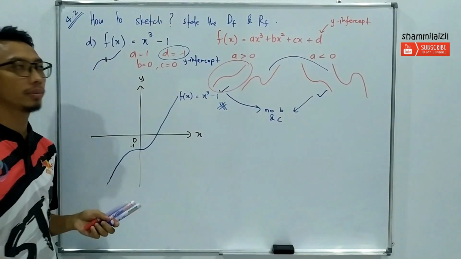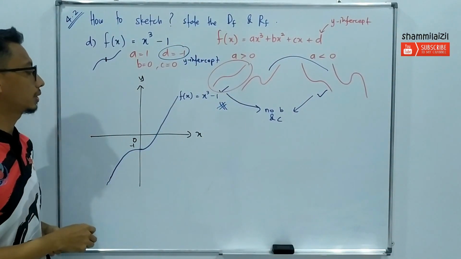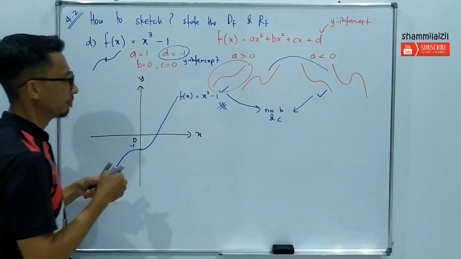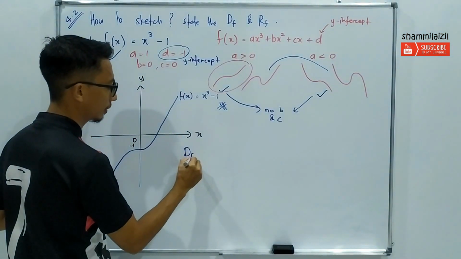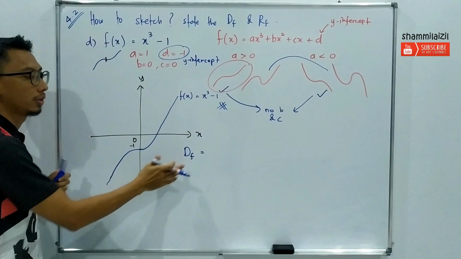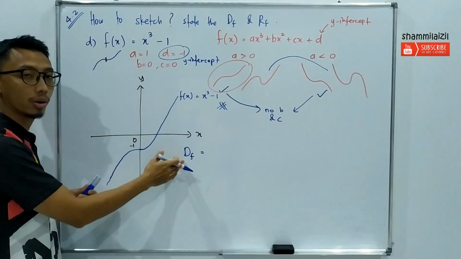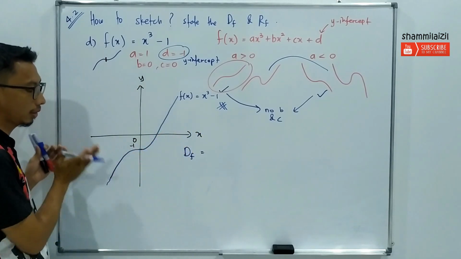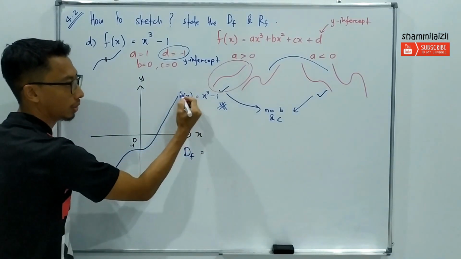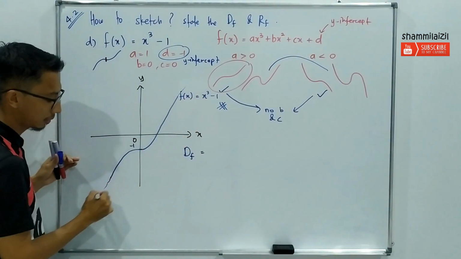To get the domain and range for the given cubic function, domain, this one is slightly easy. Domain, as you knew already, is the possible x values for the graph. Horizontally, your graph starts from negative infinity to infinity, right? Because this one extends infinitely.